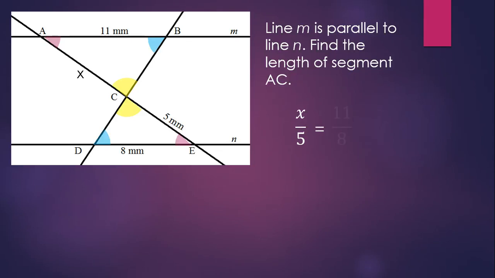And if we look at the upper triangle, the side that measures 11 millimeters is opposite the yellow angle, as is the side that measures 8 millimeters in the smaller triangle. So that gives a proportion that we can solve, and we'll see that x measures 55/8 millimeters.